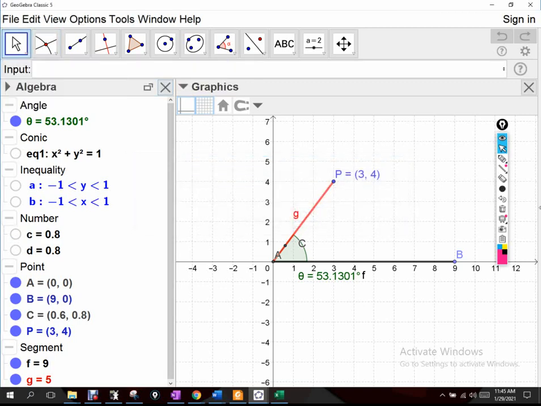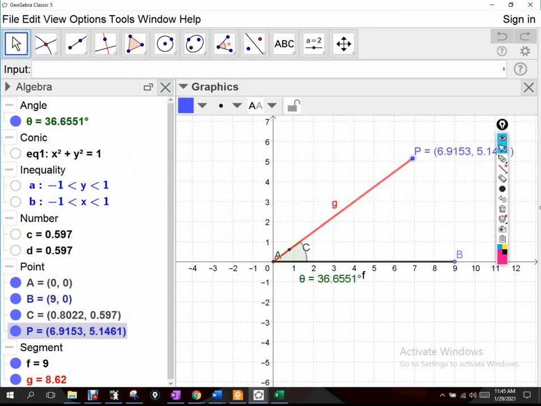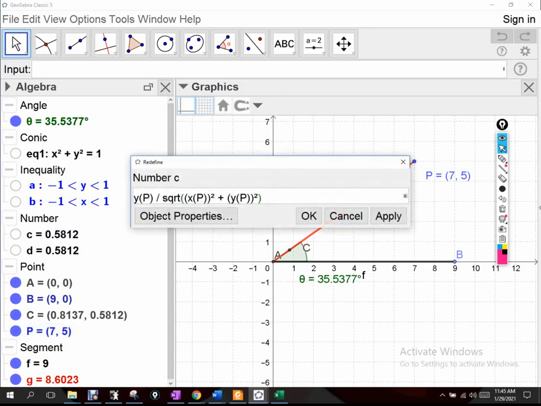If I go sine, let's put this point out here at 7, 5. You see that the sine is evaluating it as 0.5812, and the formula of 5 divided by r is still giving me that 0.5812.